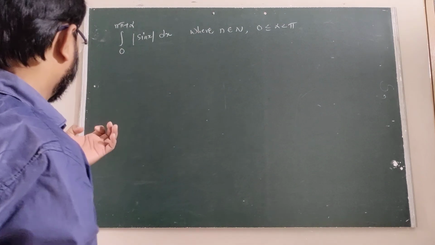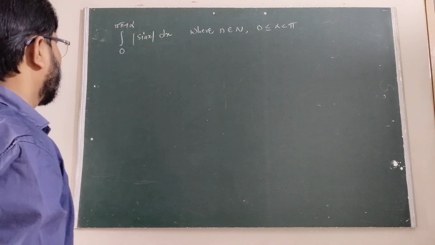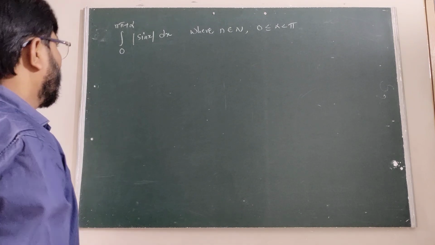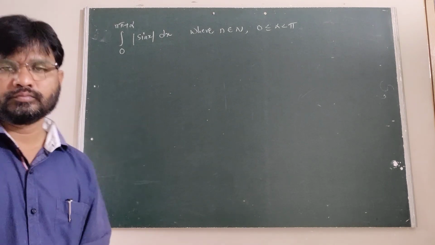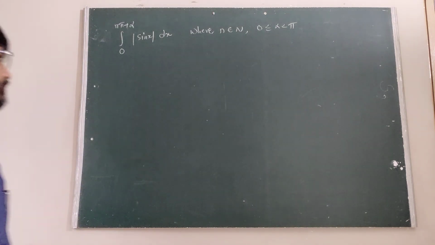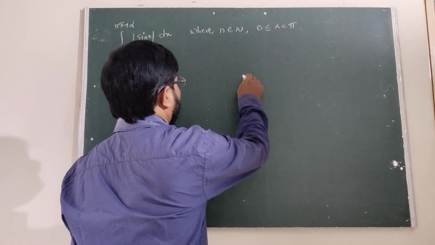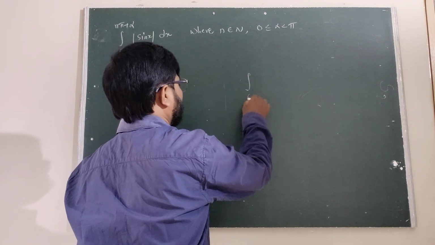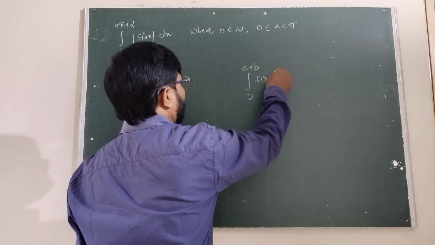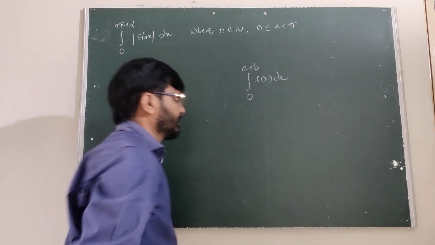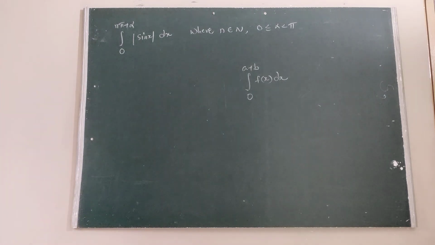Here the integral 0 to n pi plus alpha of mod of sin x dx. Suppose there is the integral 0 to a plus b of f of x dx. How to write this?